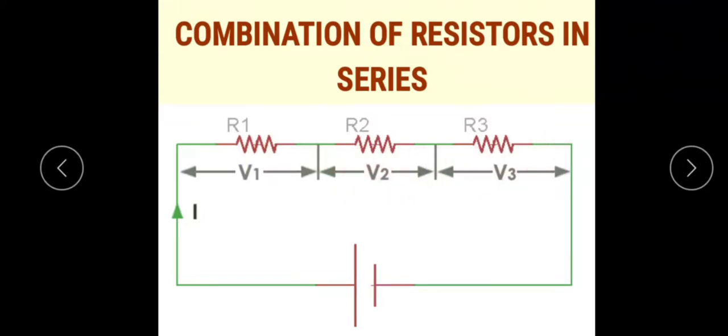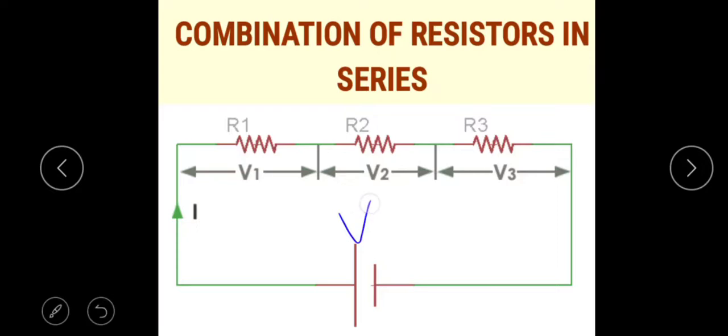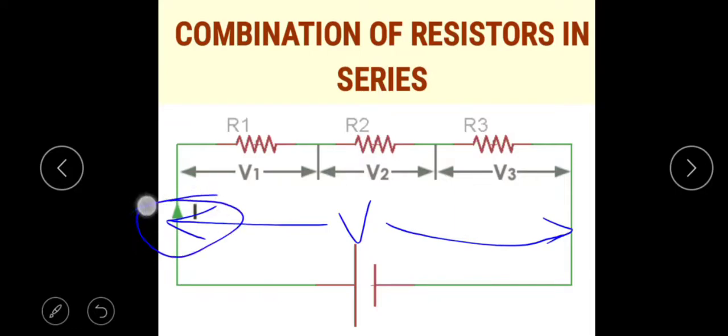Let V be the total potential difference across the combination, and I be the current through the resistors, which is the same through each resistor.